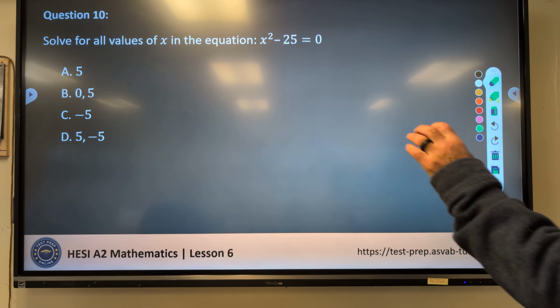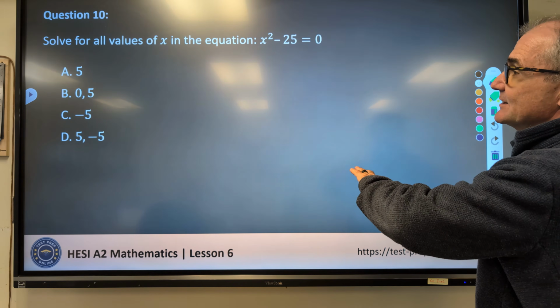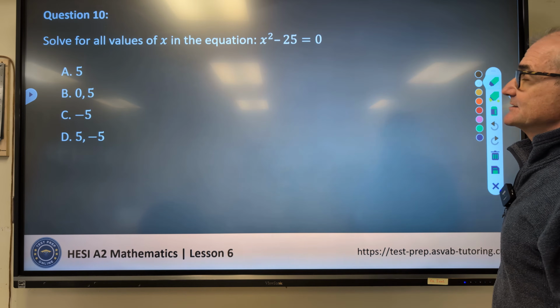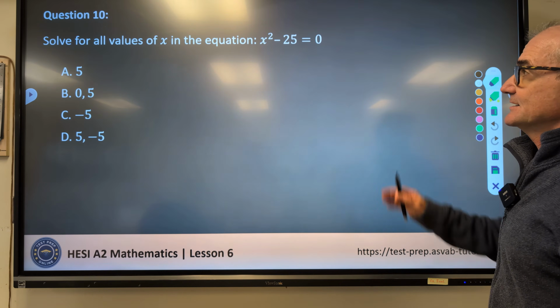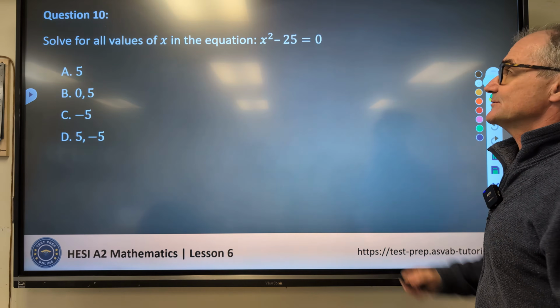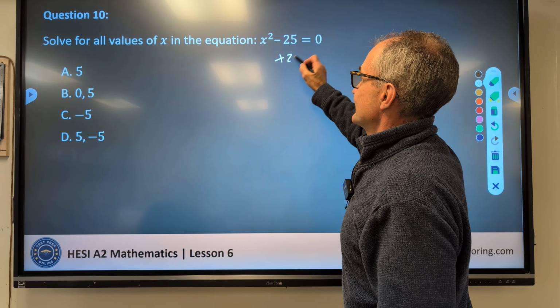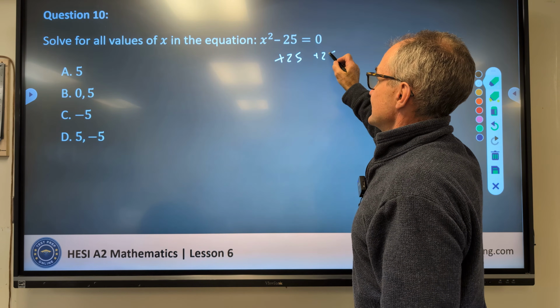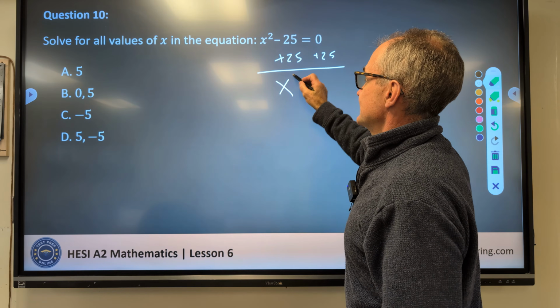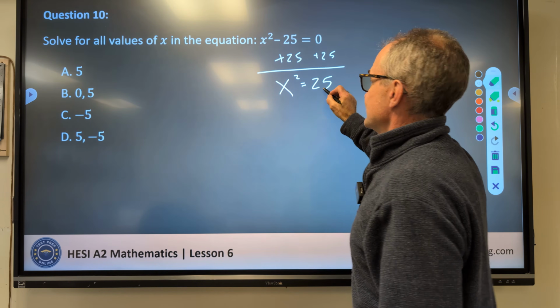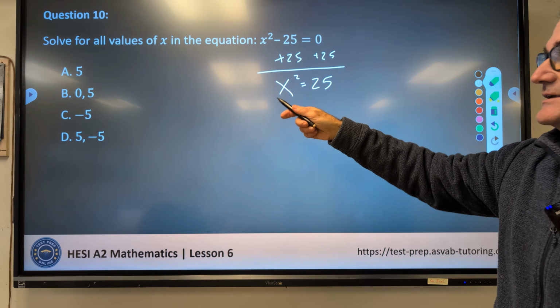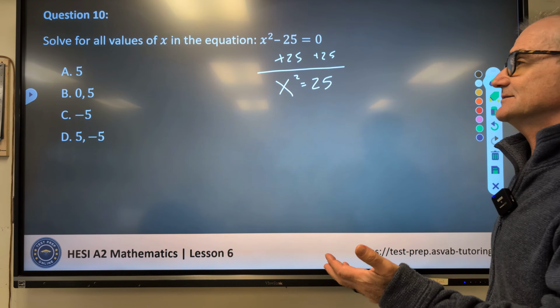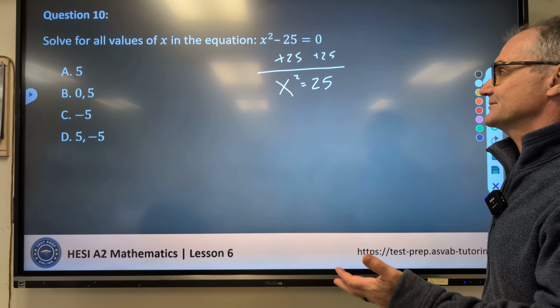Number 10, solve for all values of x in the equation x squared minus 25 equals 0. Again, I got to isolate that variable. I'm going to add 25 to both sides, and that's going to give me x squared equals 25. I look up there, and 2 of those have 2 solutions, which kind of throws you off.